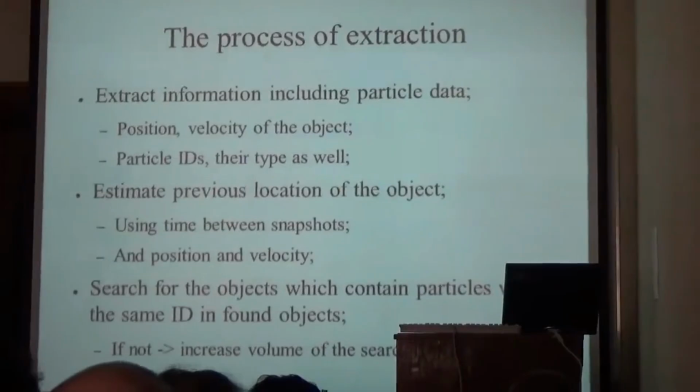If we didn't find any, we would increase the search radius until it was pretty large, something like 400 kiloparsecs or so. Usually we would find several objects, then we would check the number of particles present in those objects, and the number of particles usually became very large.